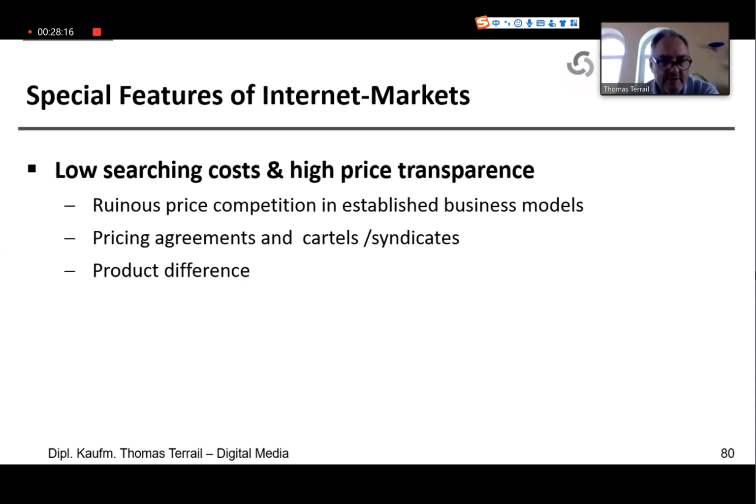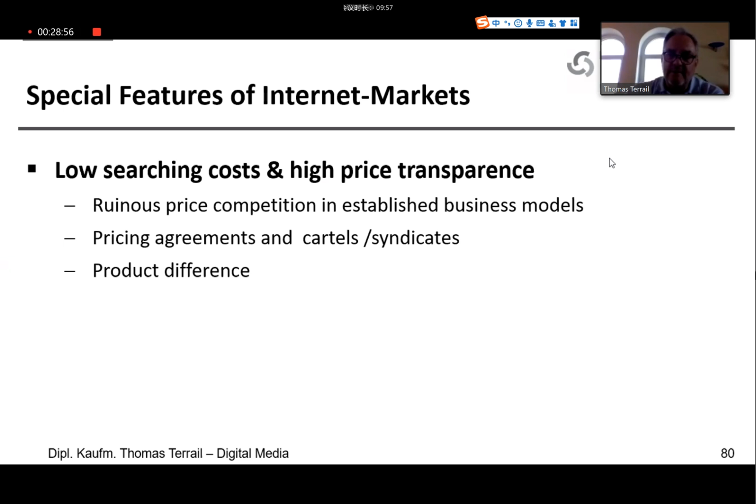The product difference, that's something that is important. If you have many companies which all have the same products, without any difference, the price is the most important. The one with the lowest price will win.